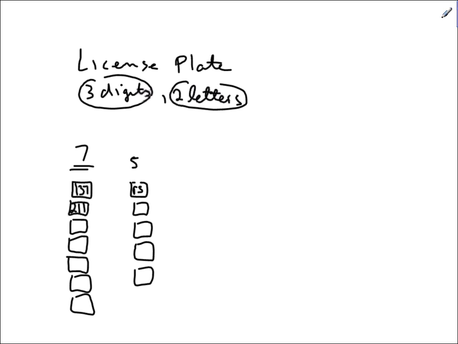We have R, S. We have K, N. We have Q, V. Well, we can put these plates together. You could put 137 with RS, or 137 with KN, or QV. In fact, just with 137, you're going to get 5 different plates.